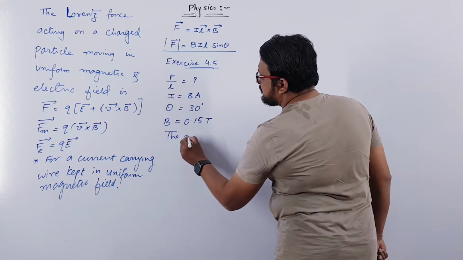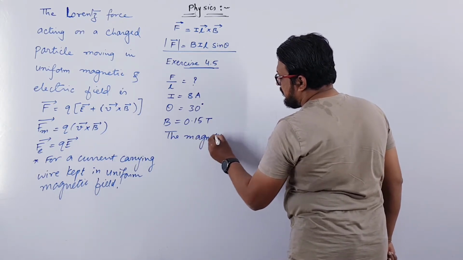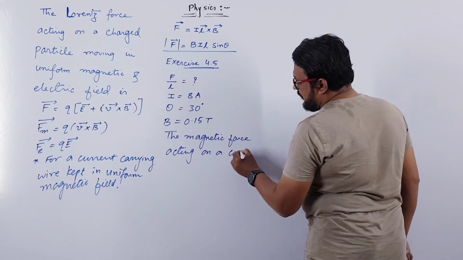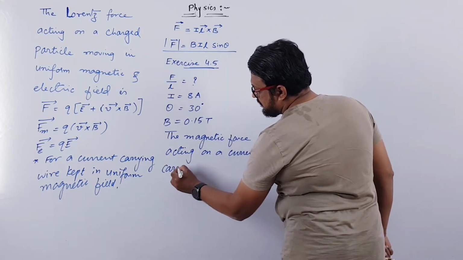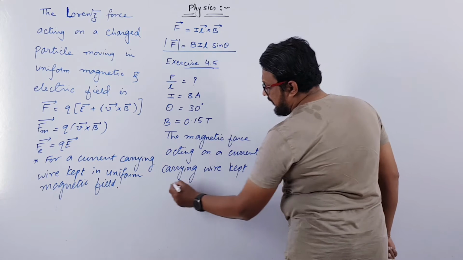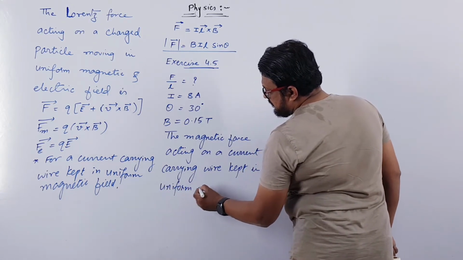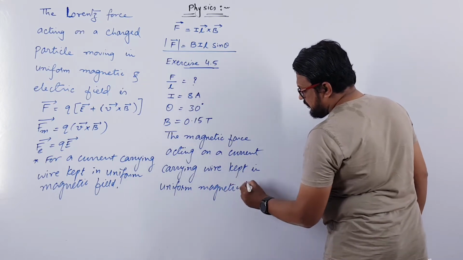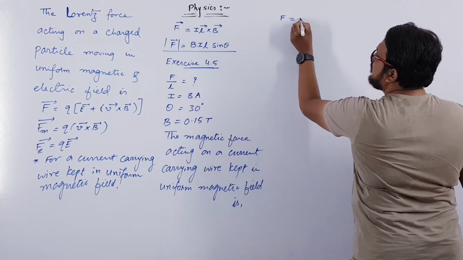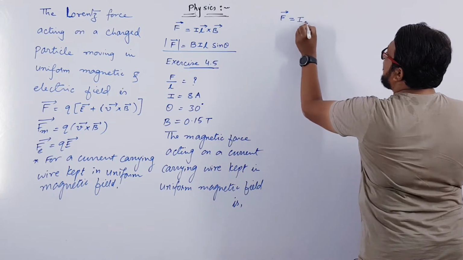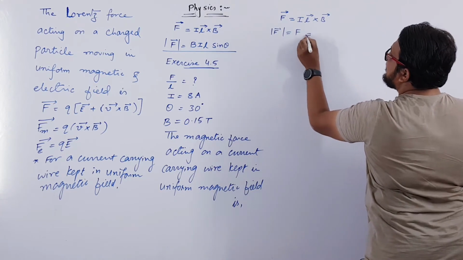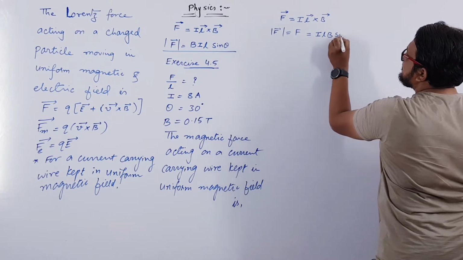We want to find force per unit length. So the magnetic force acting on a current carrying wire kept in uniform magnetic field, the formula for force is vector F equal to I vector L cross B, or magnitude of force, which you can write as F equal to ILB sin theta, right?